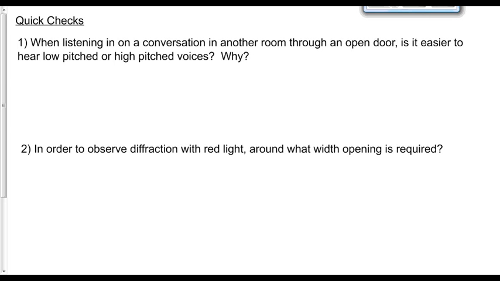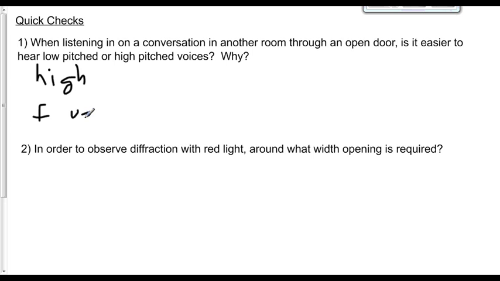All right, so hopefully you've got for number 1 that it has to do with the wavelength, because what makes a high-pitched voice different from a low-pitched voice is the wavelength. Hopefully, again, you remember that from grade 11 physics. High-pitched means high frequency. And what does that mean in terms of wavelength?